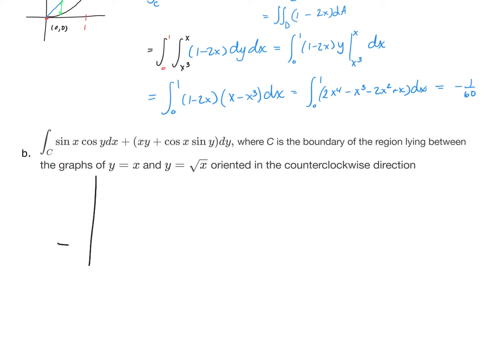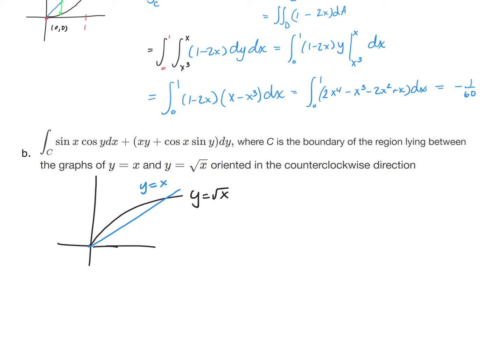Okay, so once again, I'm just going to draw this. So I have my first curve. Oh, actually, that's not my first curve. My first curve is going to be y is equal to the square root of x. And then my second curve is going to be y is equal to x.